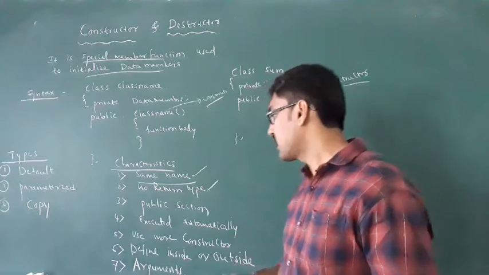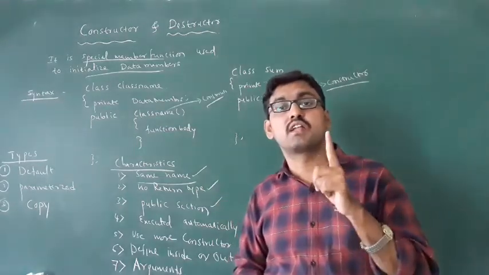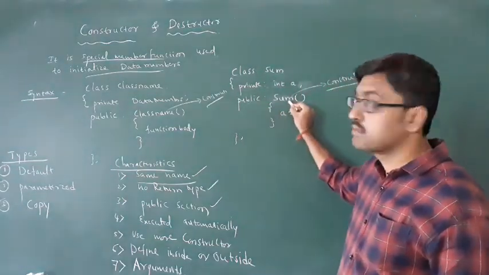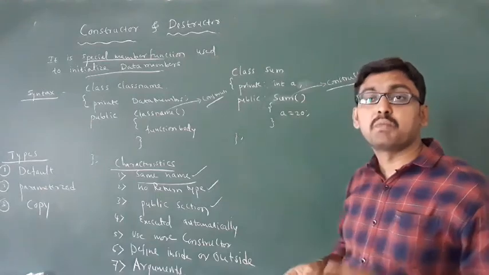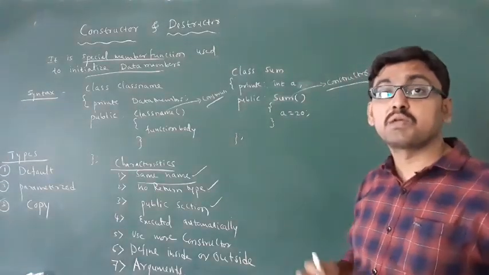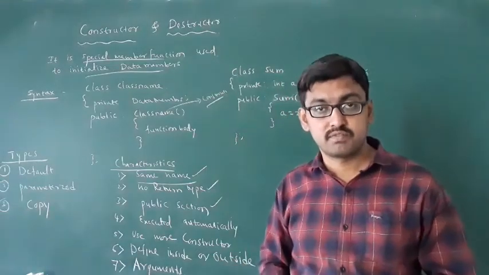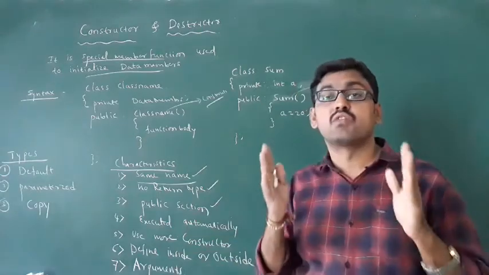Then the third characteristic: you always have to declare a constructor in the public section. You must write it in the public section. If you write it in the private section, you will get errors. Got it? That's why you have to write it in the public section only.